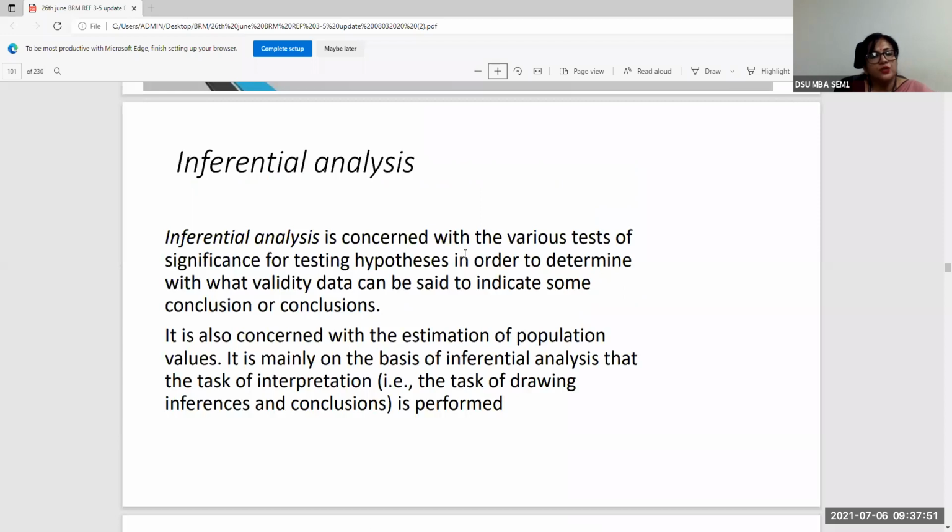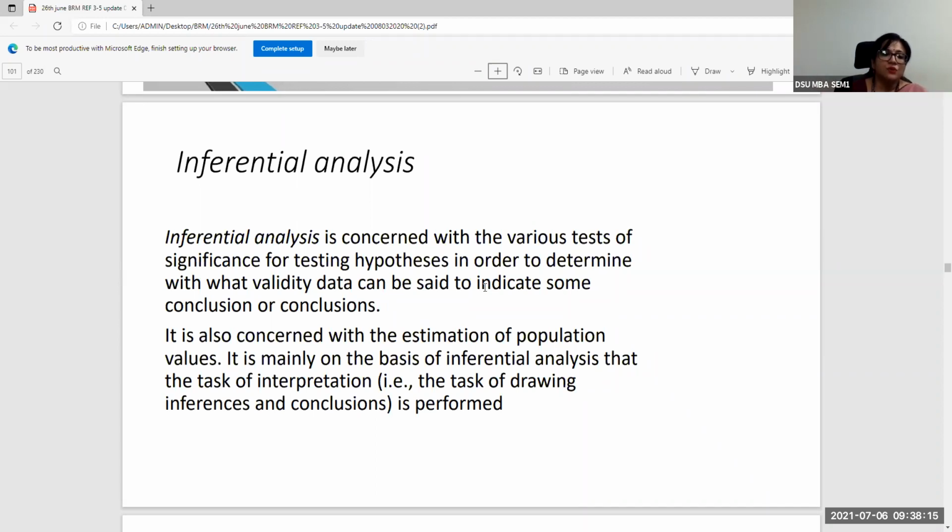The other thing that you need to remember in data analysis is that it is an inferential analysis, especially when you're using a sample, measuring certain things in a sample, which is statistics. Inferential analysis is concerned with the various tests of significance for testing hypothesis, in order to determine with what validity the data can be said to indicate some conclusion or conclusions about the population.